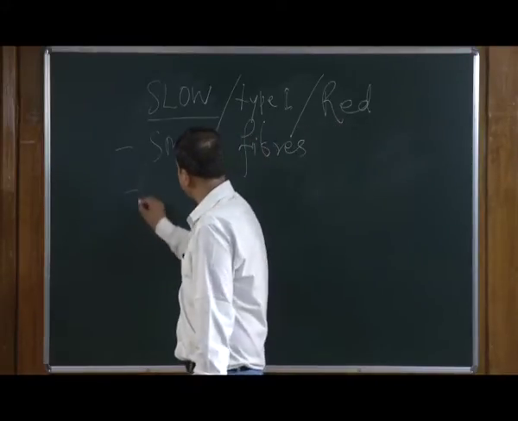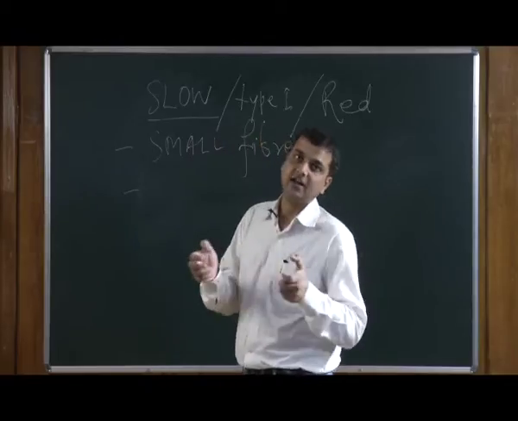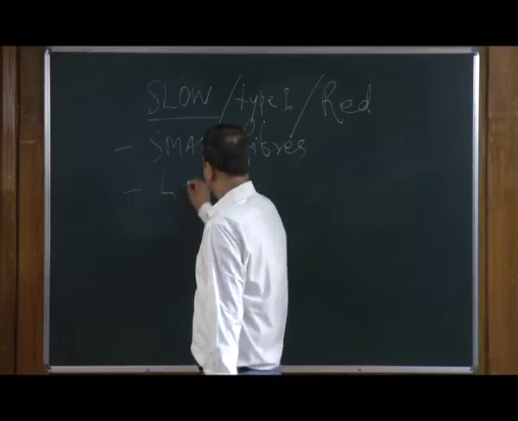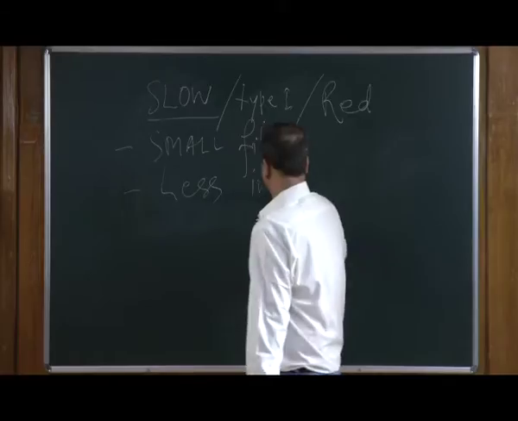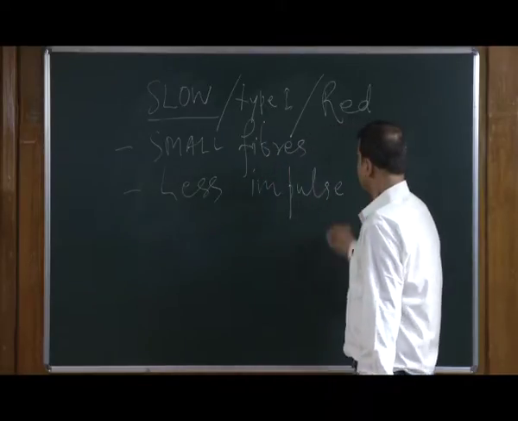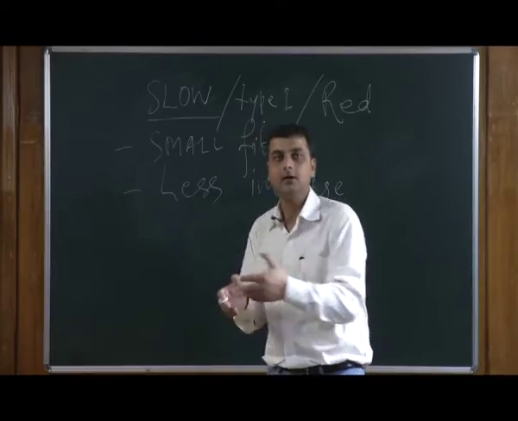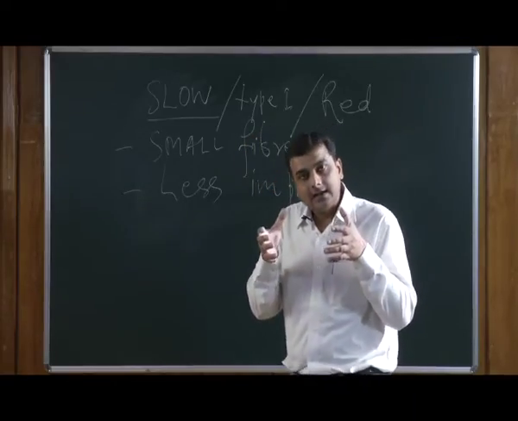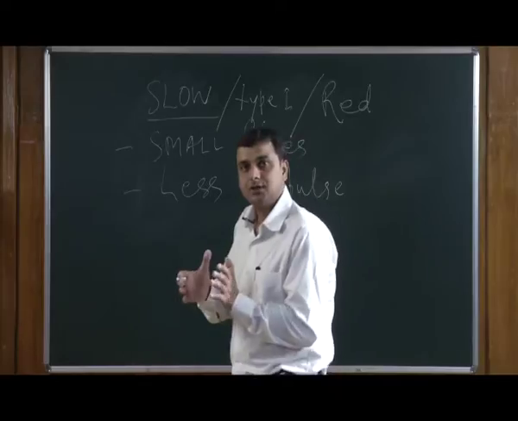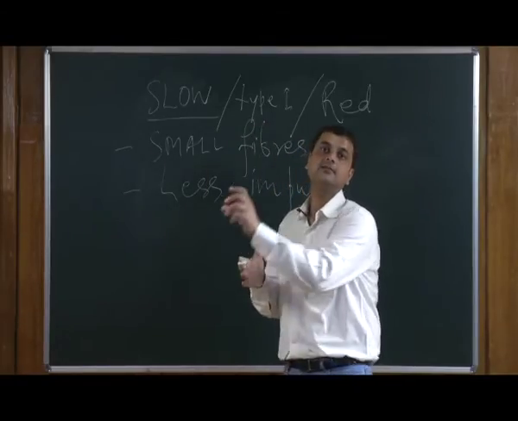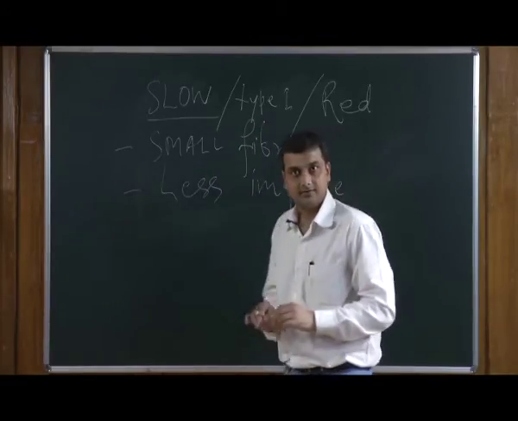So, they also have very little innervation, so we can say less impulse. The transmission capacity of the neuronal message to the muscle is slow in this kind of muscle.